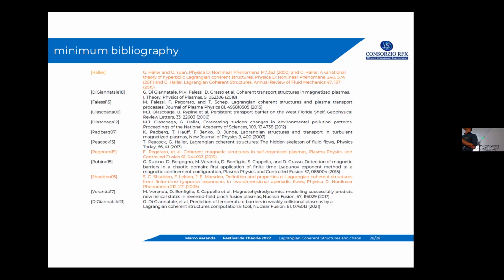And so we can make the connection between LCS and cantori, even though revealing the cantori by directly looking at them in the Poincare plot is an extremely difficult work. Okay, so we rely on the easy way, that is the Lagrangian coherent structure.